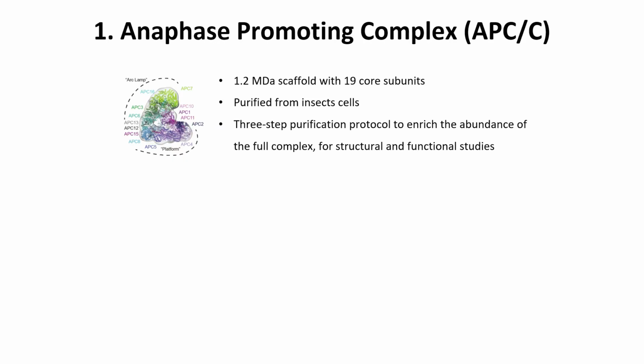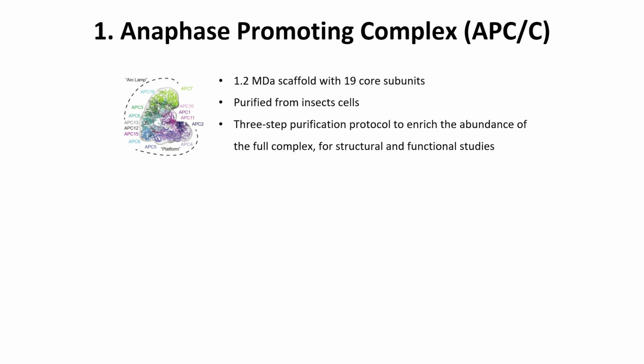So the first system is Anaphase promoting complex, or APC. It's a 1.2 megadalton scaffold with 19 core subunits, and it's purified from insect cells where there is both the full complex and its subcomplexes, and there are several subcomplexes. The goal in the purification is to enrich the full complex.